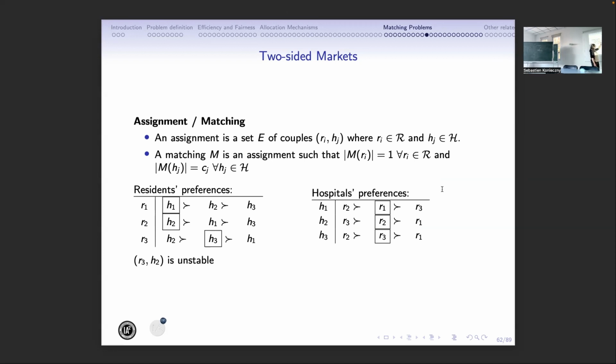A matching is an assignment, so a set of couples, such that each resident is matched only once in the matching, so it appears only once in the set of couples, and every hospital does not exceed its capacity. So we don't have more residents assigned to a hospital than its capacity.